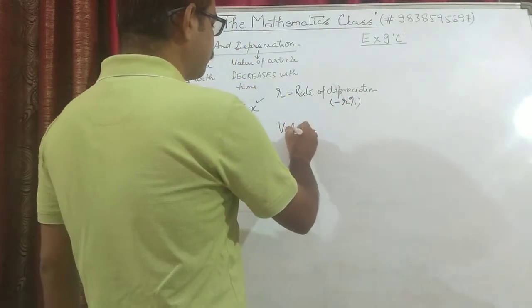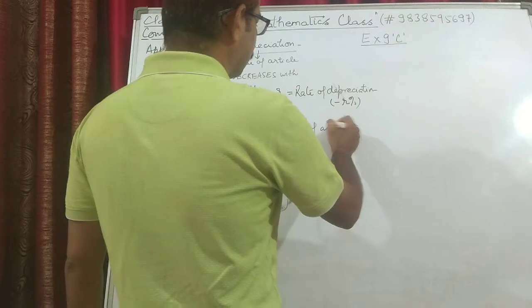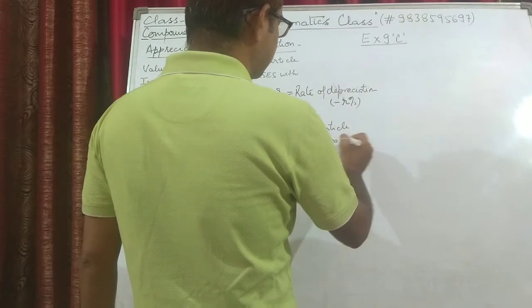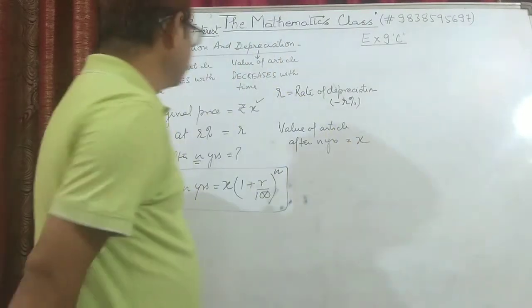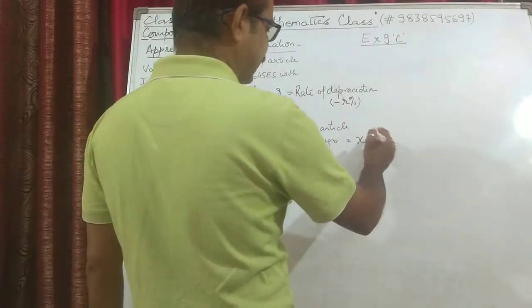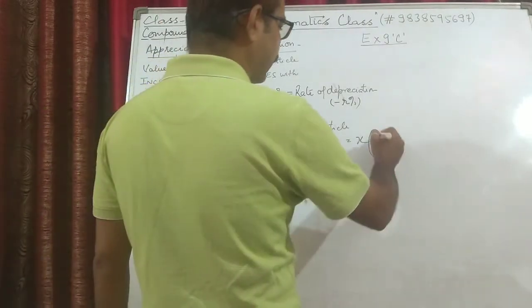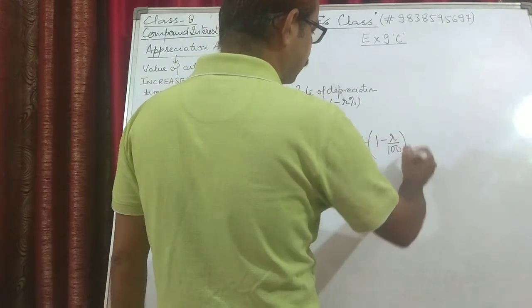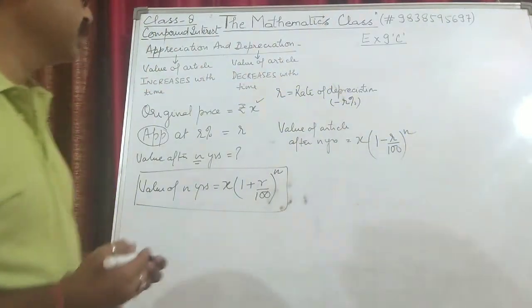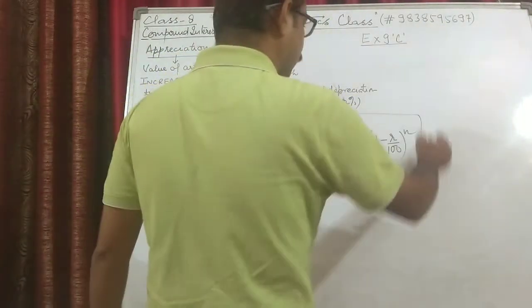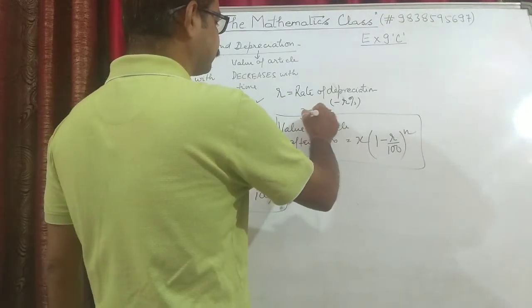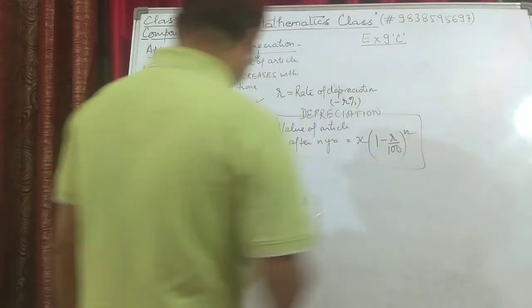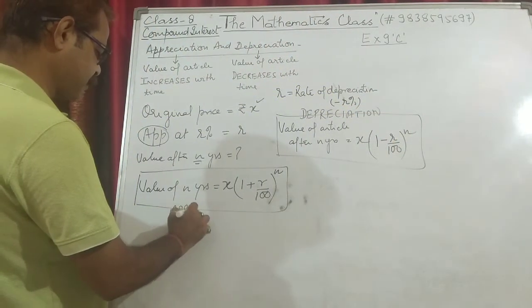So the value of the article after n years will be X into 1 minus R upon 100, to the power n, where n is years. This is the formula for depreciation, and the earlier one was the formula for appreciation.